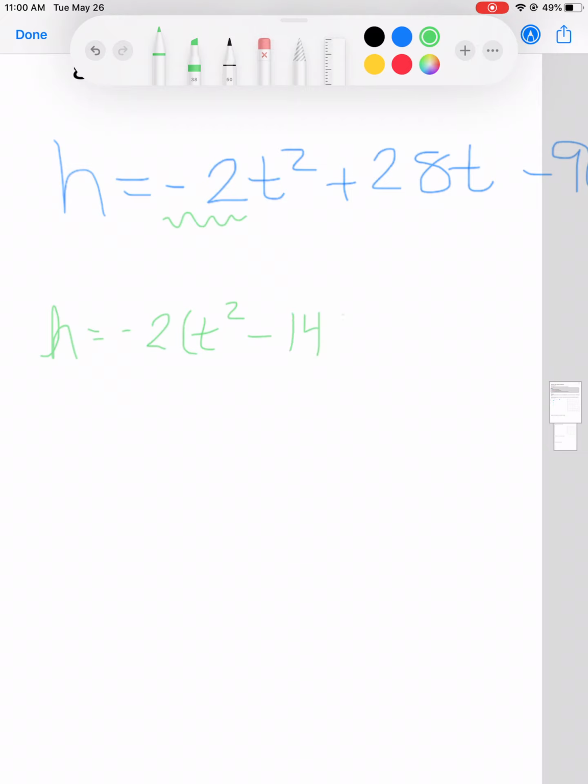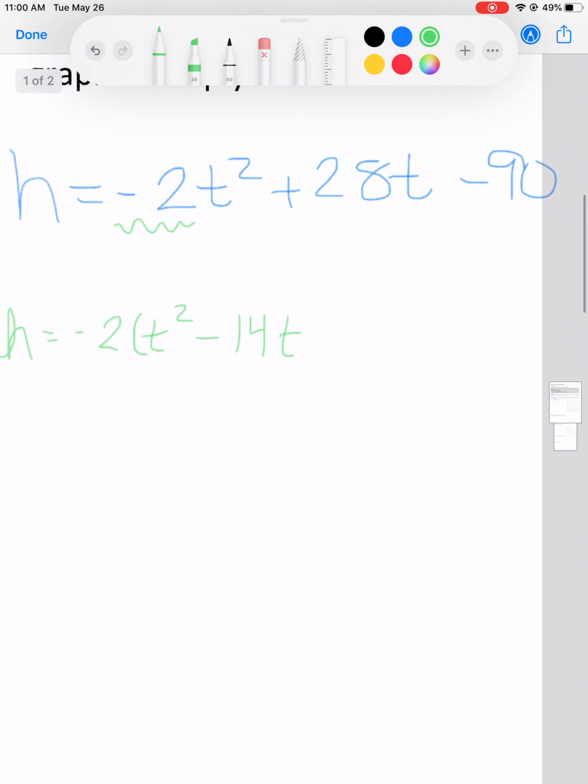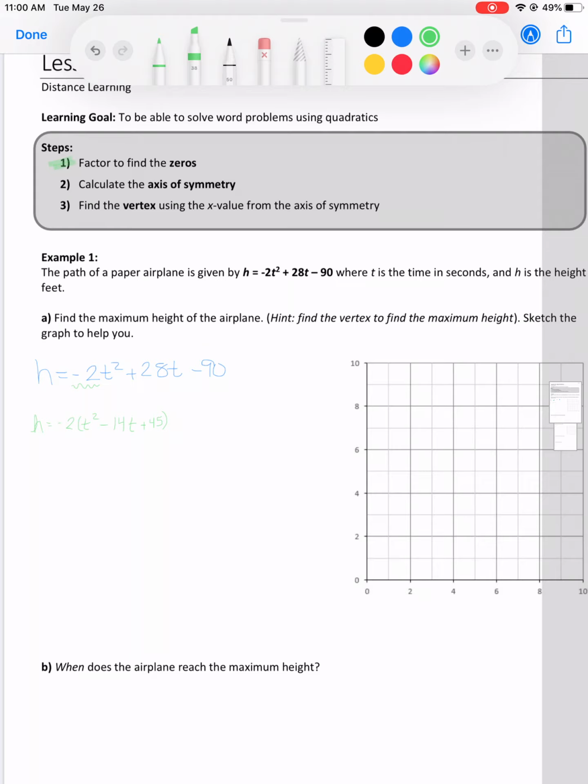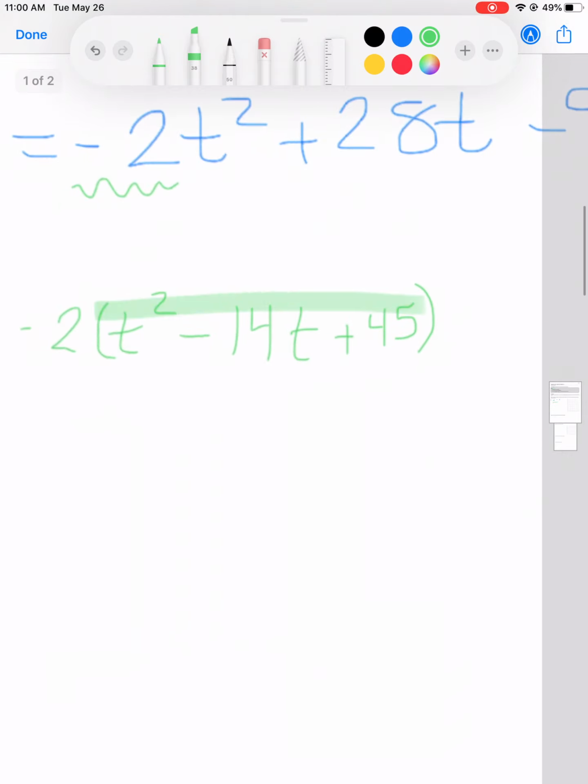Okay, this is why we did that practice earlier. Then we have negative 90. Negative 90 divided by negative 2 is positive 45. Okay, so we are going to factor this. We're not using that 2. That 2's gone now. It's just a common factor. It's like we're just reducing it. We could try to factor it with that 2 in front, but it takes a lot more work, and we're not doing that.